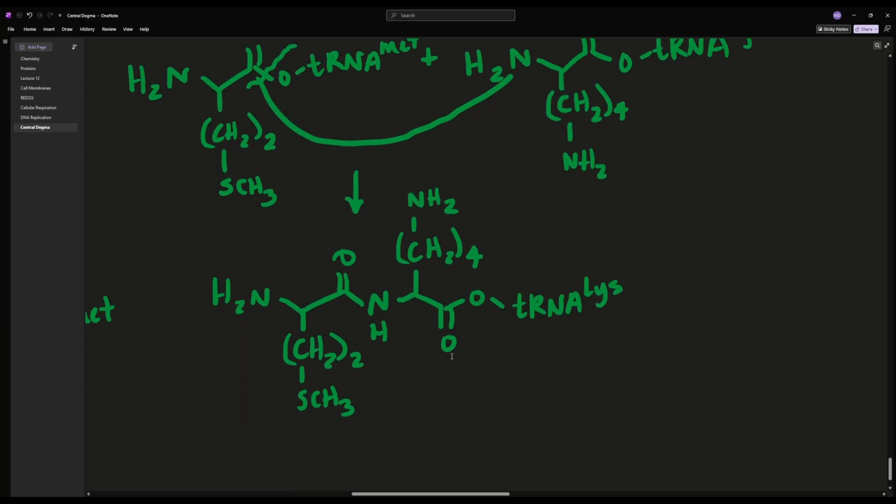And then we also are going to produce that uncharged tRNA met.